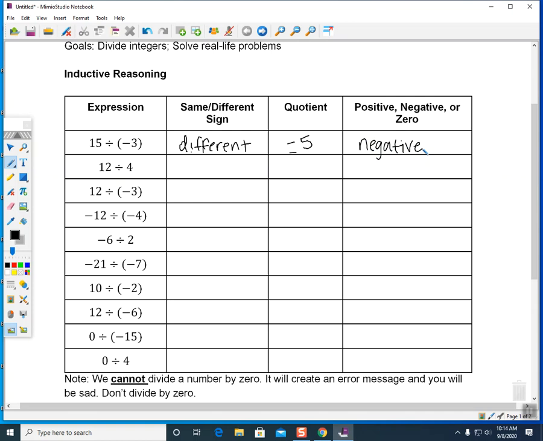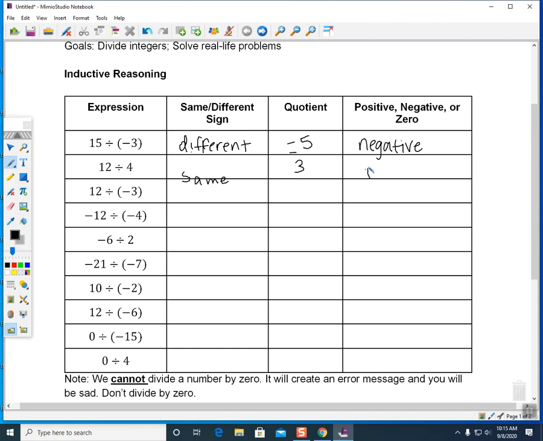12 divided by 4, they have the same sign. 12 divided by 4 is 3.